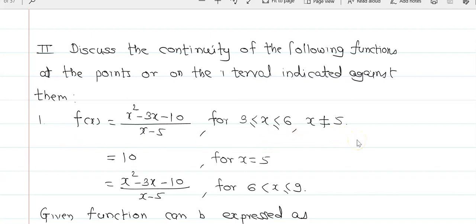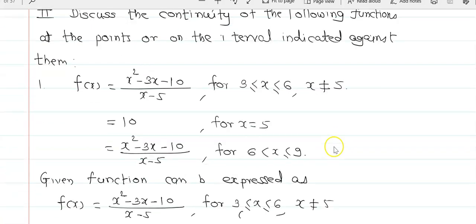This is the function, it exists here at x is equal to 5, and for the value of x lies between 6 to 9, this is a polynomial rational function p of x upon q of x. This is also continuous and x is not equal to 5. It's clear that the given function is continuous except at x is equal to 5.